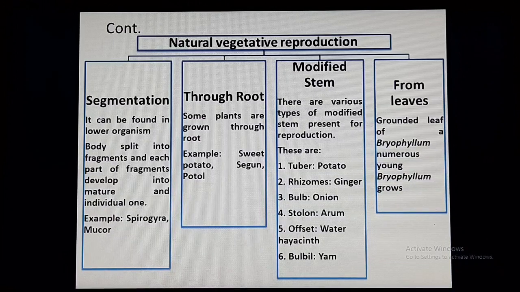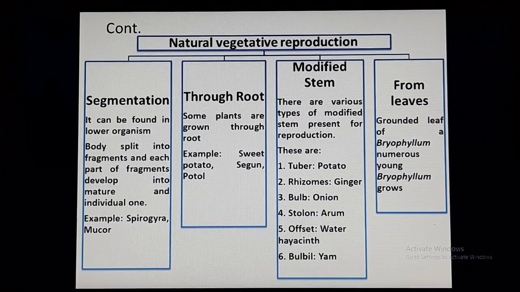That means the whole body can be divided into various segments, or a specific part of the body can be divided into a segment. When this segment continues to develop into a mature one, that is called segmentation, natural vegetative reproduction.